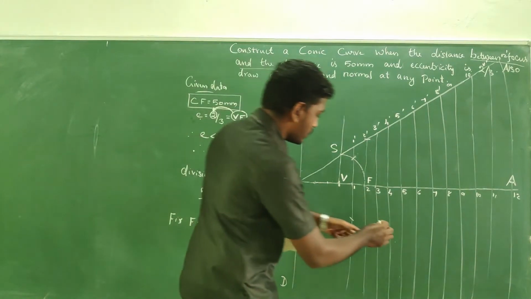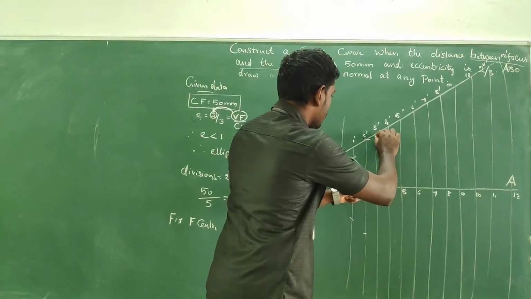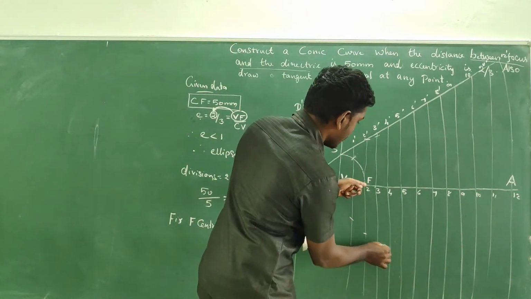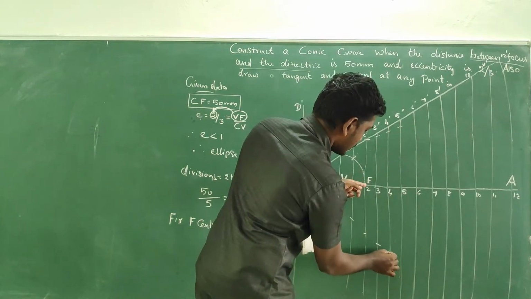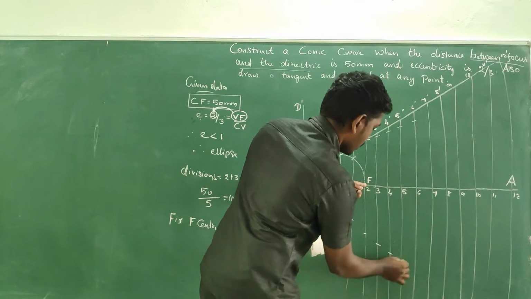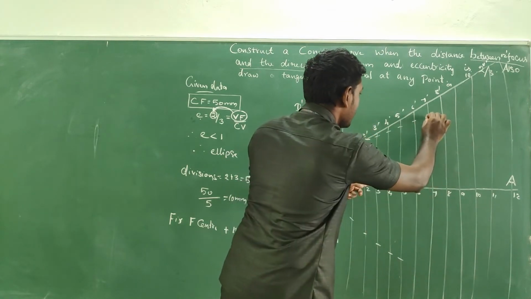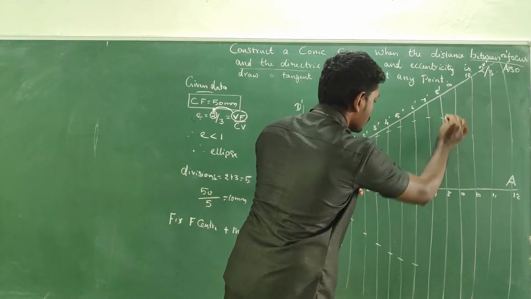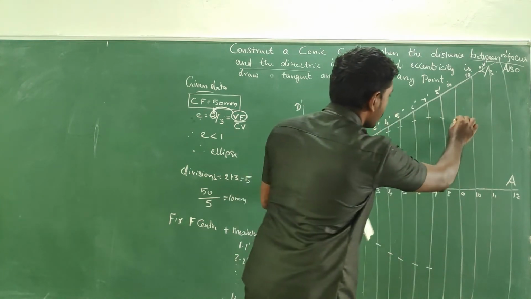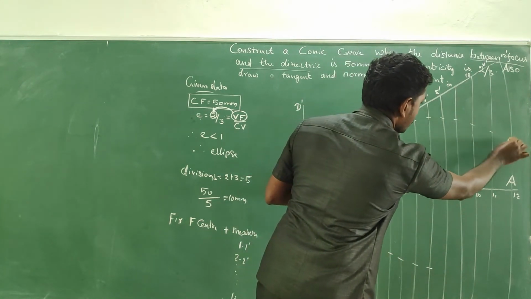If you do it in such a manner, it will take some time. Always the focus should be the center, measure the respective lines, and on the respective line give a cut mark. So it comes like this.